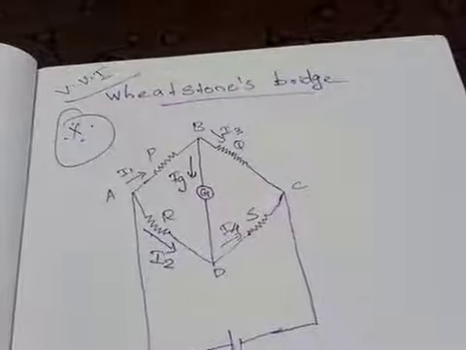Based on this, two applications are there. Based on this one application, that is what we are going to see next. It is a very important 5 mark question, Wheatstone bridge.